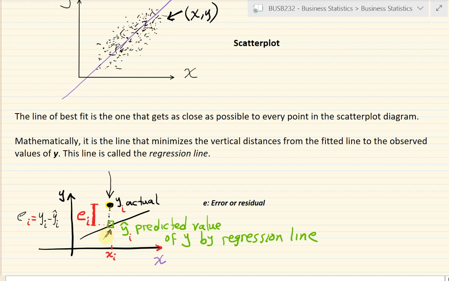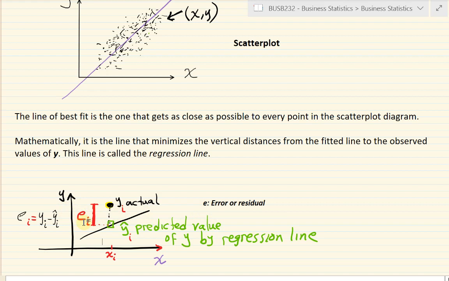So we're going to say the best line of fit is the one that minimizes this vertical distance between the two of them. We're talking about this distance right here. That distance, the difference between the observed and predicted value, is what we call the residual or error.